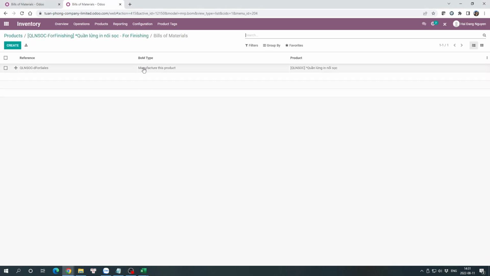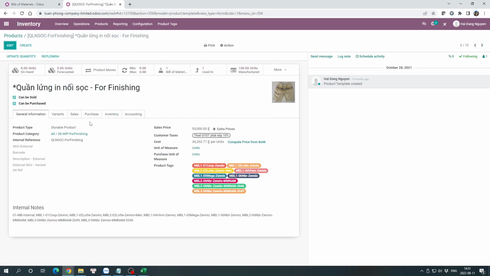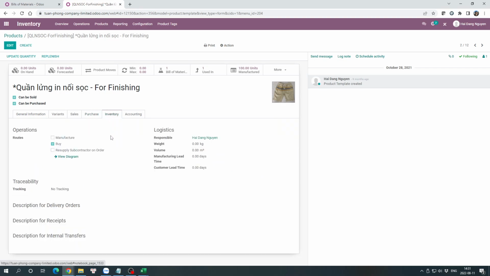It's used in this and it's manufacture this product. So think forward, guys. The next stage is an internal production team that does the job. It's not subcontracted. So you are not resupplying this thing to any subcontractor, basically.